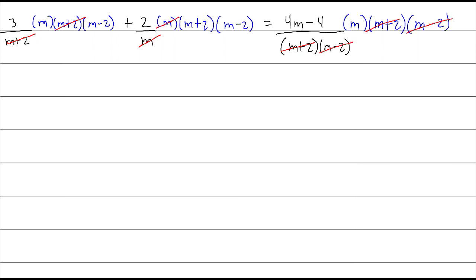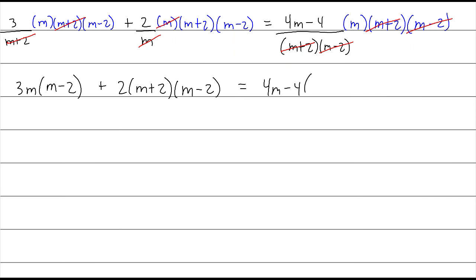Let's rewrite it. 3m times m minus 2 plus 2 times m plus 2 times m minus 2 equals 4m minus 4 times m. And I'll put this in parentheses because that 4m minus 4 is all together multiplied times m, right? All this is part of the fraction that's times m.